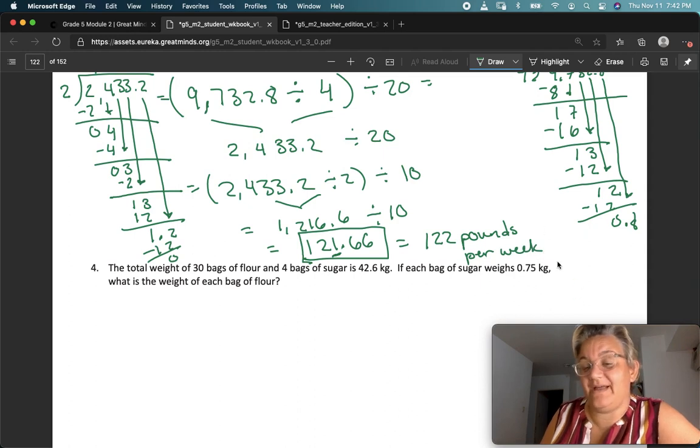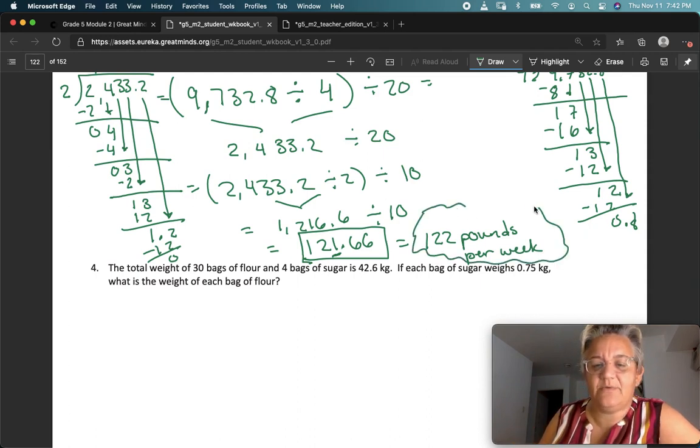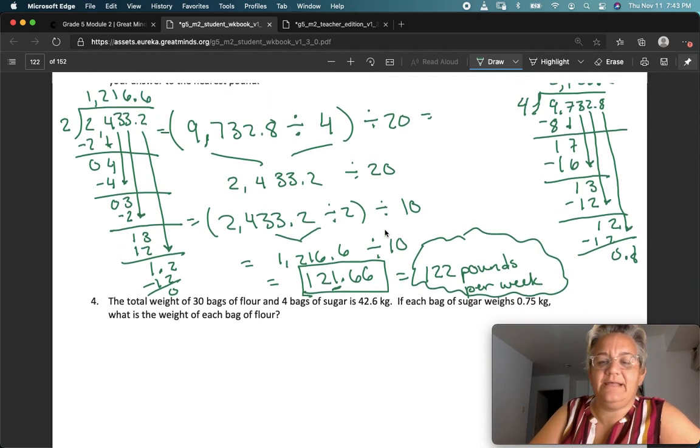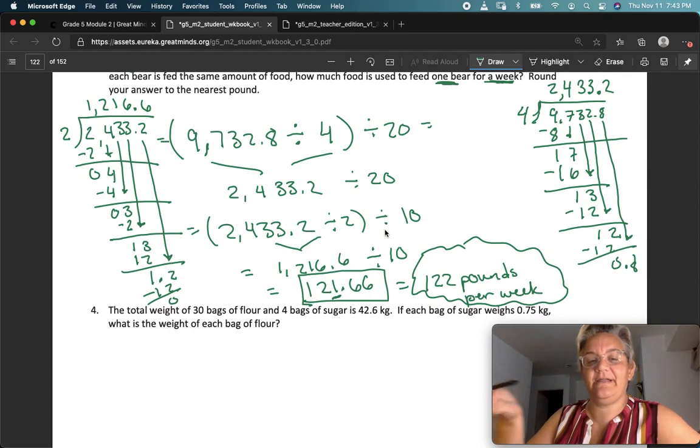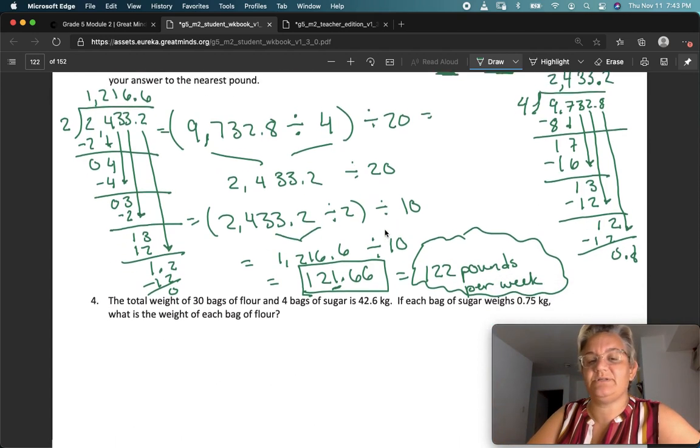If we wanted to find out how many per day, we would divide that number by 7, right? So there's our answer. A lot of work to get there, but it's a lot of steps, but it's very easy to understand what you're supposed to be doing.